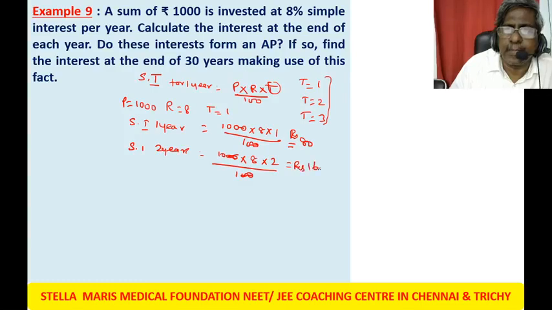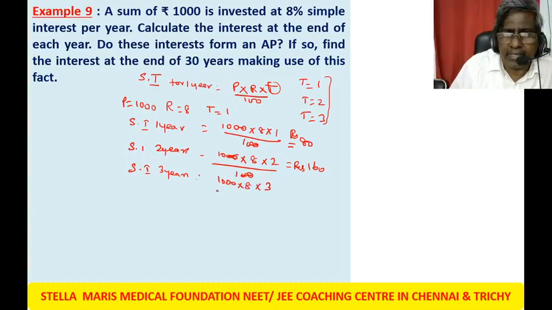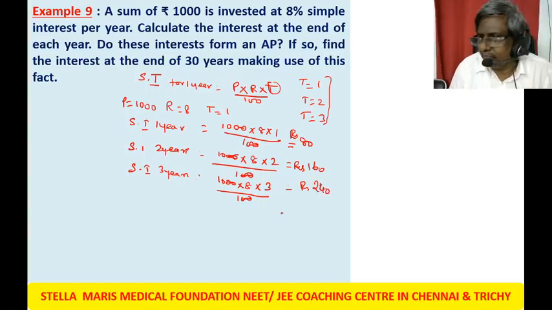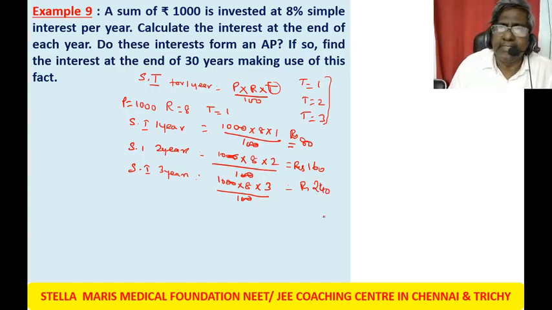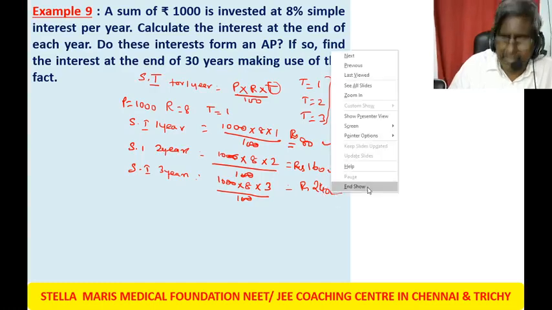Likewise, I do SI for 3 years: 1000 into 8 into 3 by 100. 80 into 3 is rupees 240. Likewise, you can calculate for the 4th year, 5th year, 6th year. See now, first year interest is 80, second year interest is 160, third year interest is 240.